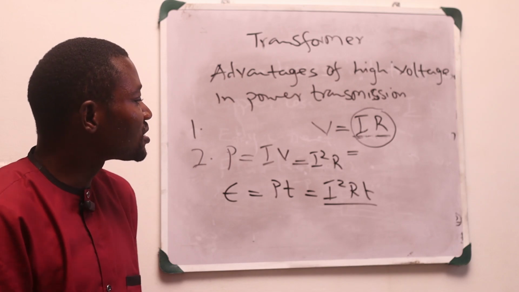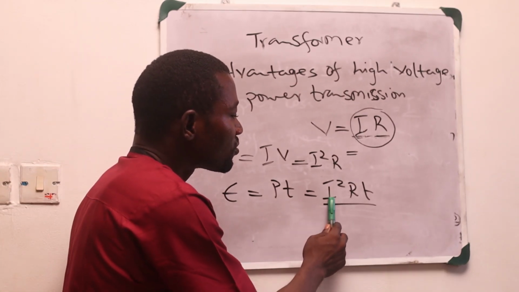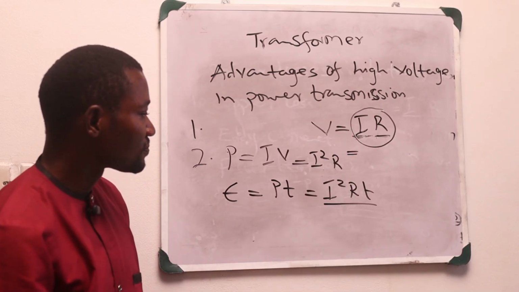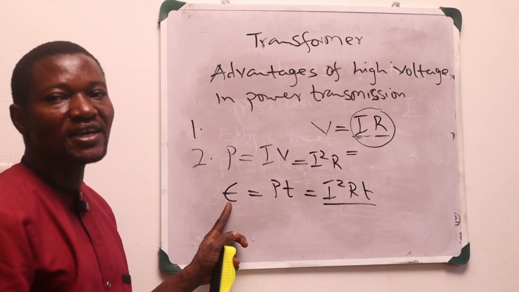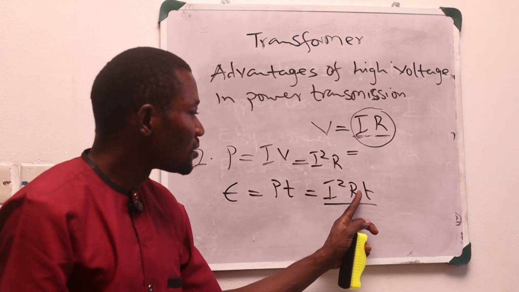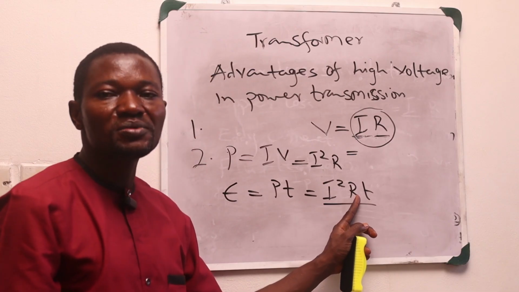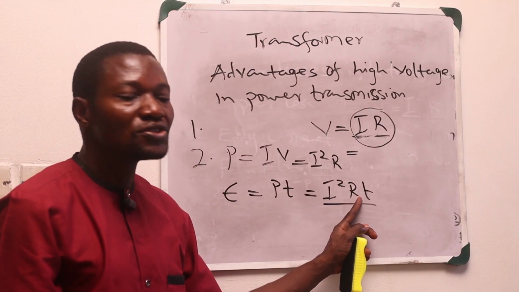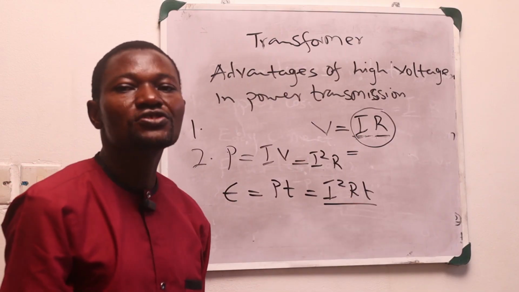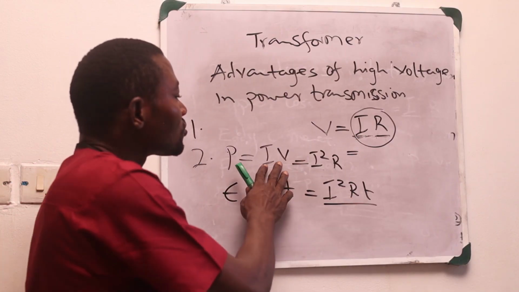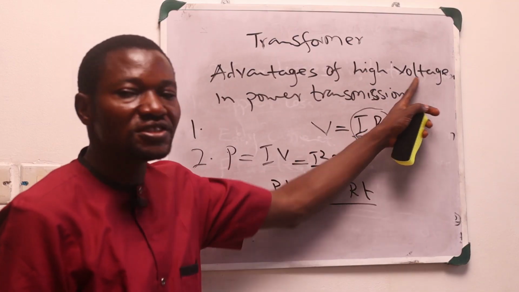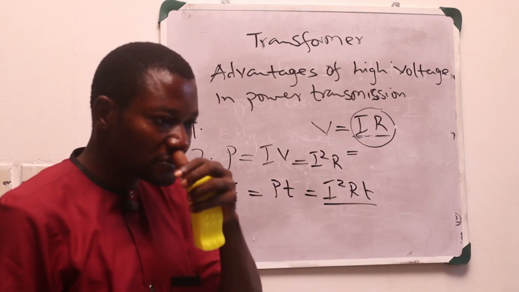So if we are transmitting power as high current, like I earlier said, the energy lost will be very high. High current, taking the square of it, the resistance will equally be high because the wire will be thick. So because of this, the energy that is lost is also high. So because of these reasons, power is normally transmitted at high voltage and low current.